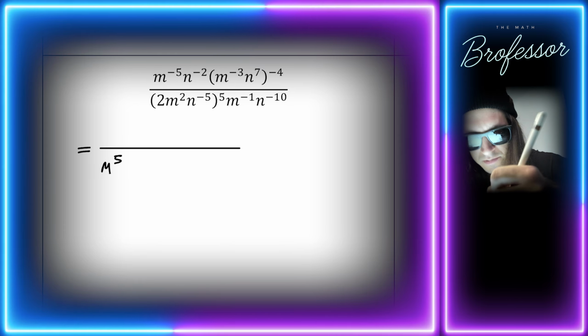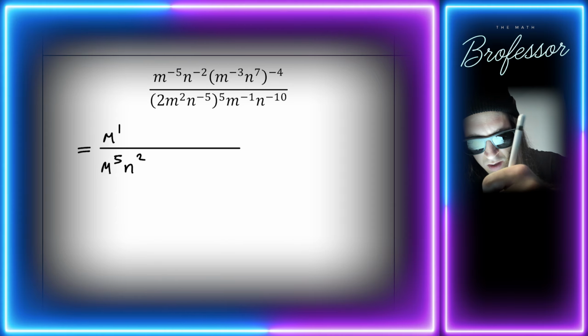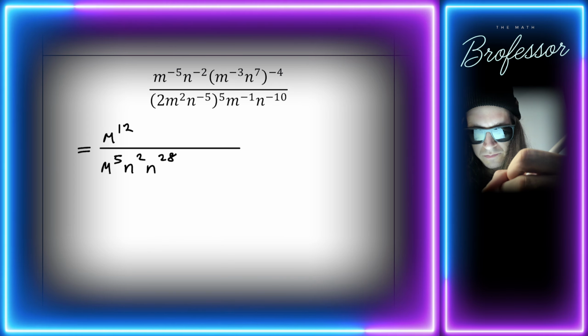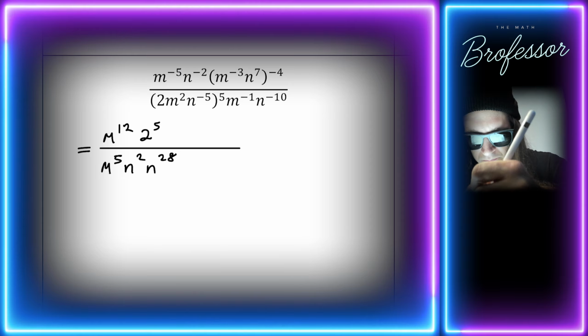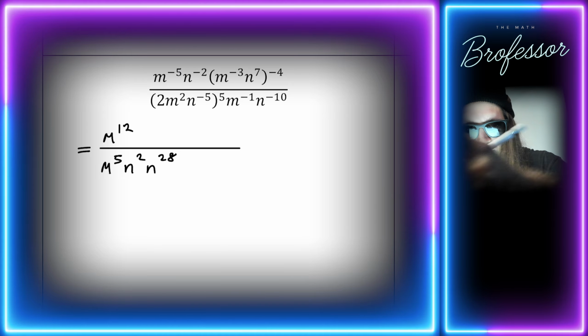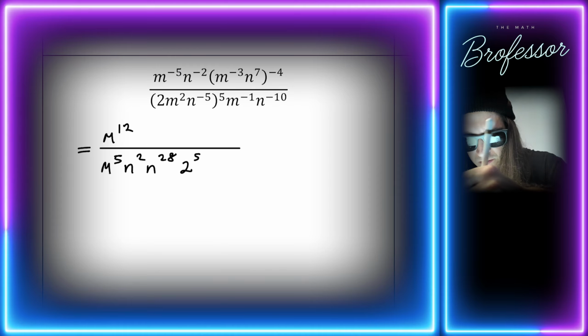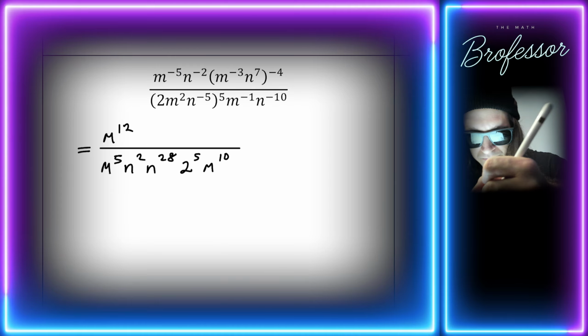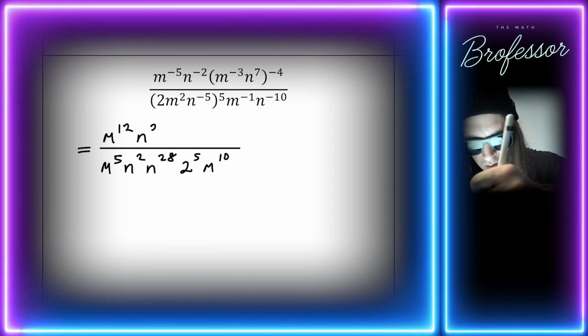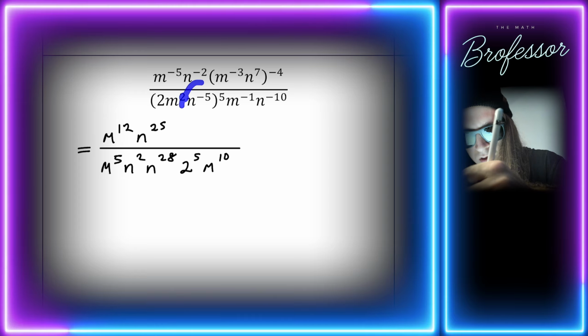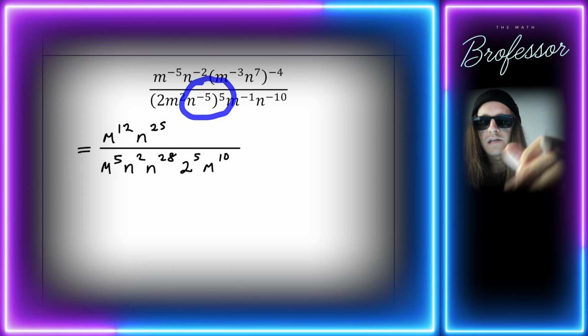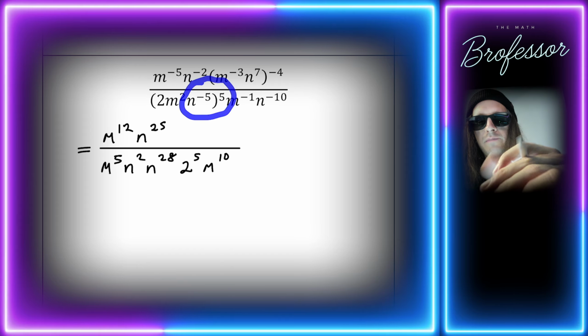Starting with the m's and the n in the front there. Whoa, whoa, whoa, what am I doing? 2 to the 5th would stay in the bottom. Okay, so right there, if I multiply those exponents, negative 5 times 5 is negative 25, meaning it needs to reciprocate.